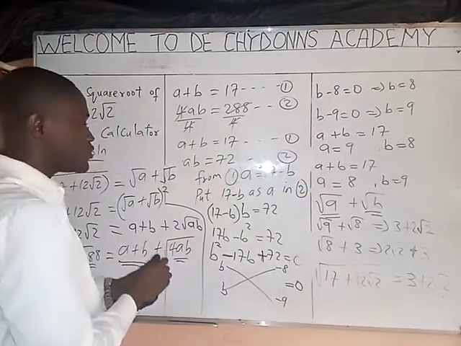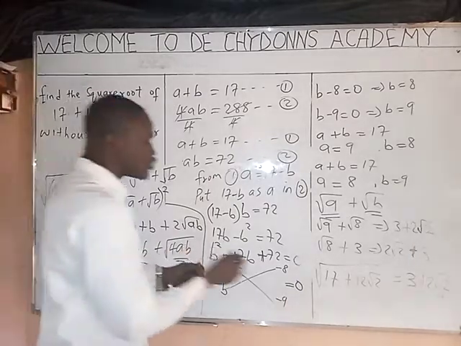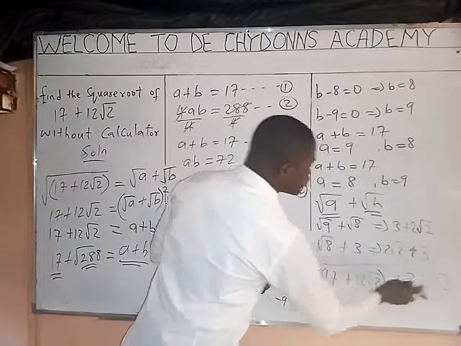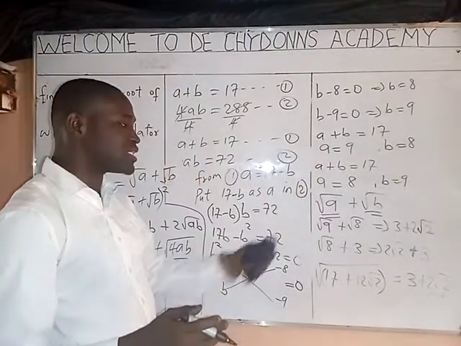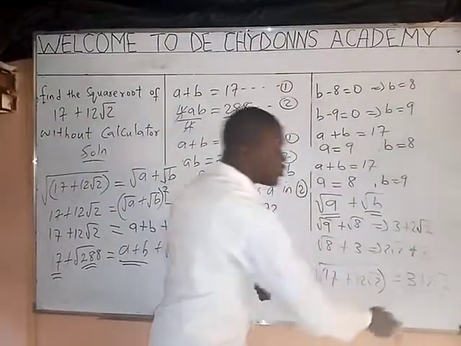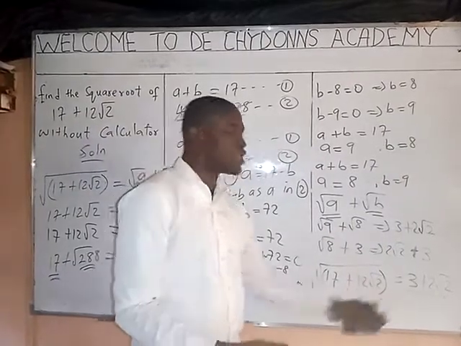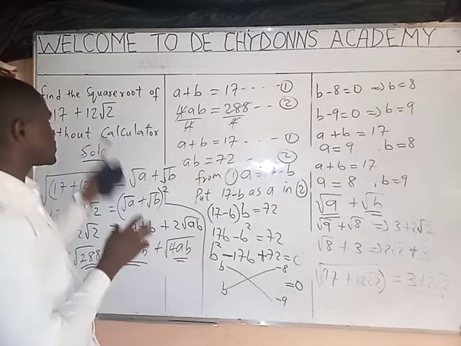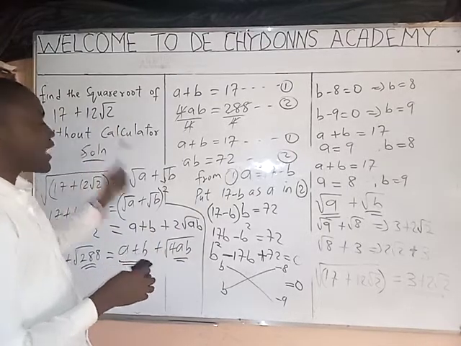Square root of 17 plus 12 surd 2 is equivalent to what? 3 plus 2 surd 2. So if you press this in a calculator, it will give you the same answer that this will give you. So that is how to solve a question on this, square root of this, without a calculator.